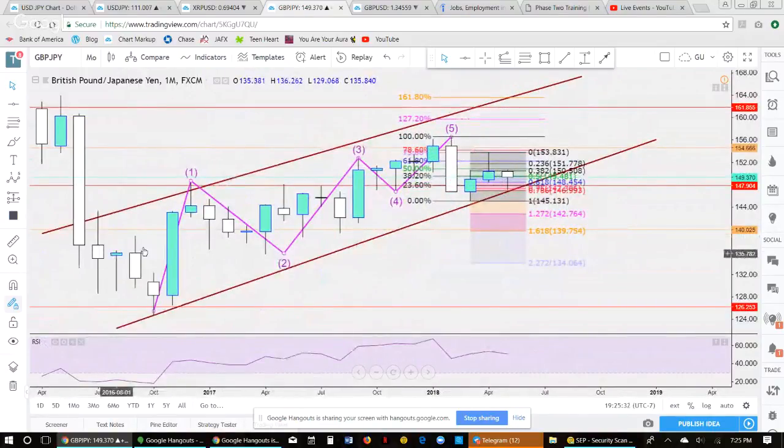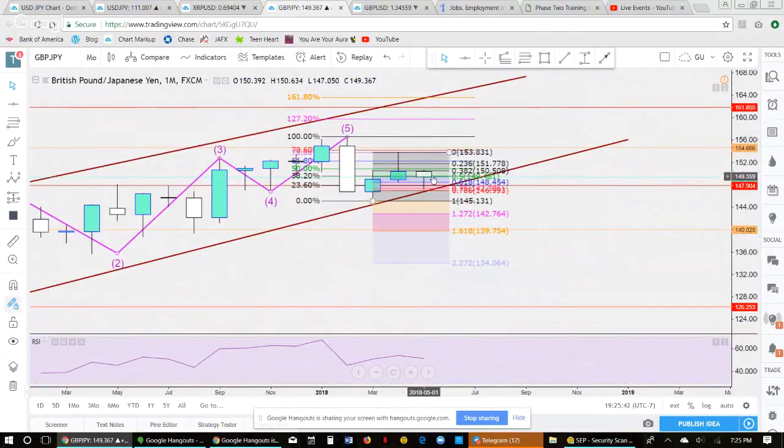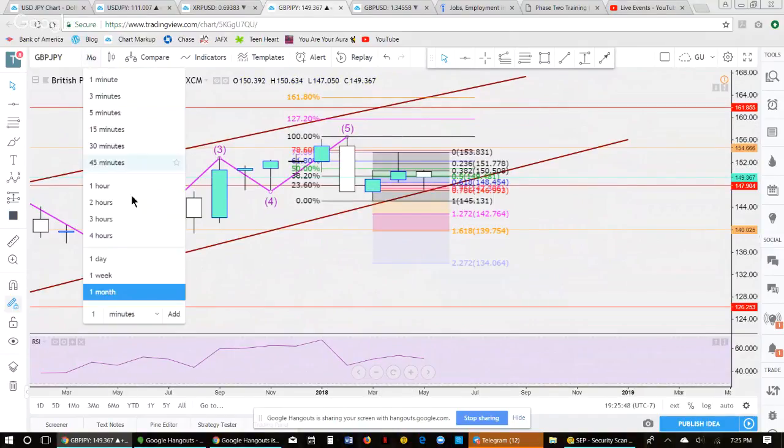So right here, continuation. Here, reversal to the upside. Reversal to the upside. Then we continue. So now we have this bull candle that still hasn't closed yet, so we can't say if it's bull or bear, but right now it is bear.